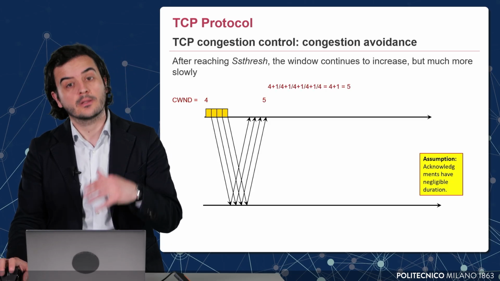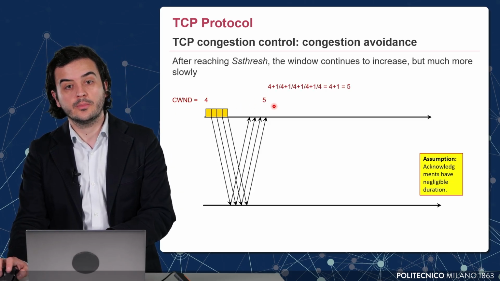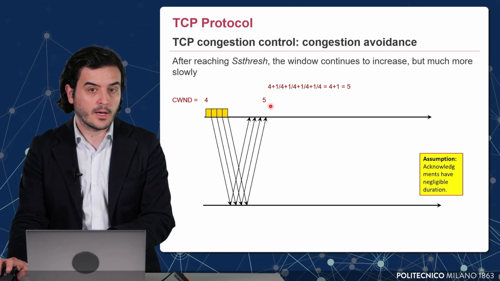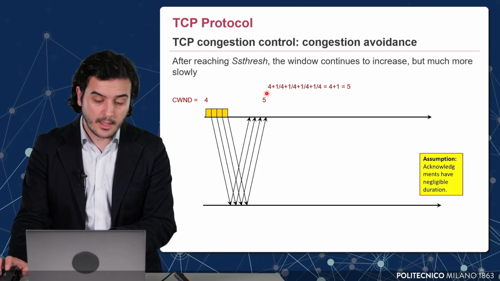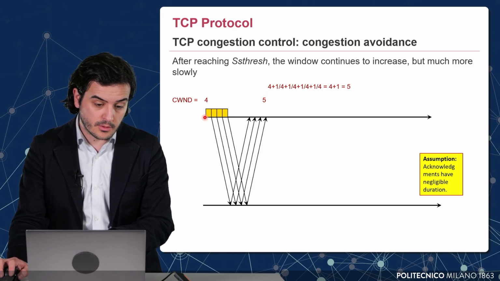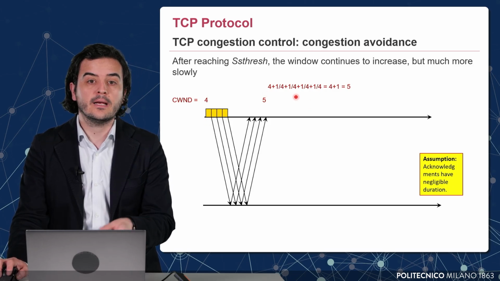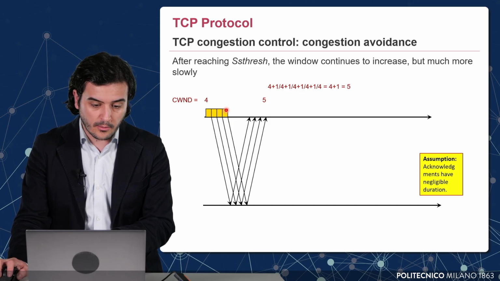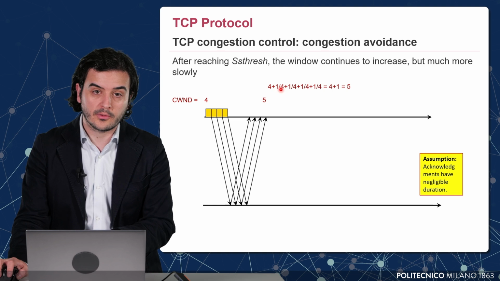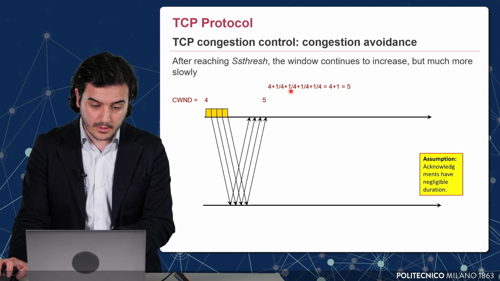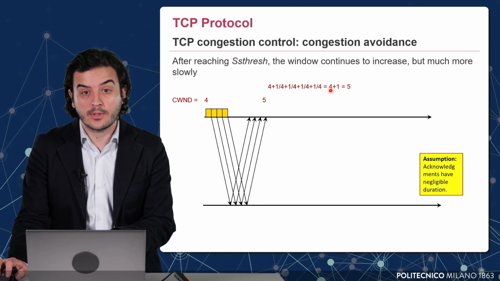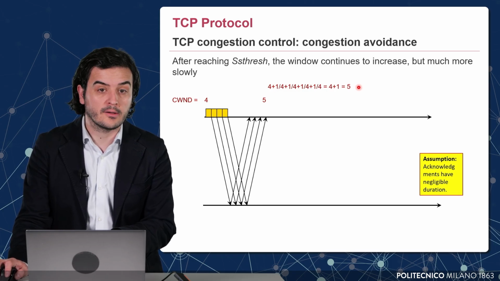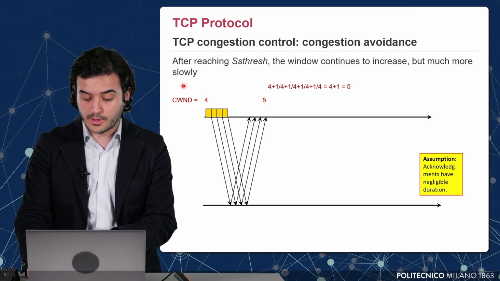In the next step, the congestion window will be equal to 5. This comes because we have 4 segments from the previous step, and after the reception of each segment we have an increment of 1 over the congestion window: 1 over 4, 1 over 4, 1 over 4, 1 over 4, which in total amounts to 4 plus 1, equal to 5.